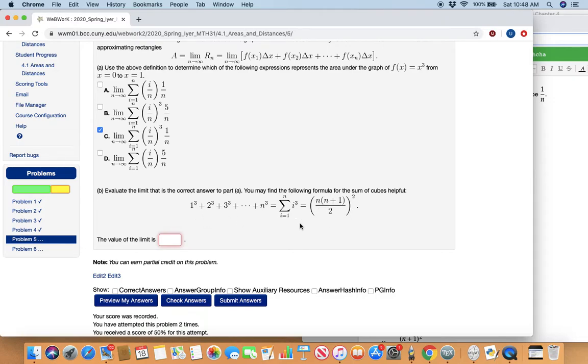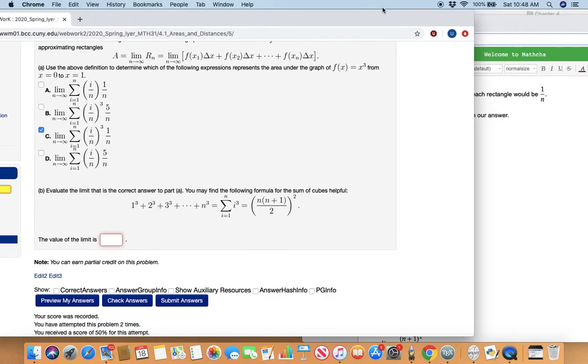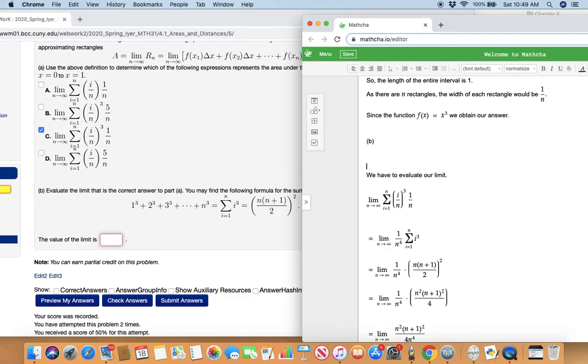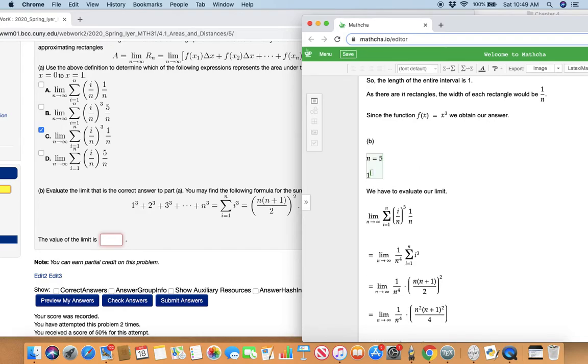Now, if you don't understand what this means, let's start with an example. Suppose n is 5. What is the left hand side? 1 power 3 plus 2 power 3 plus 3 power 3 plus 4 power 3 plus 5 power 3.